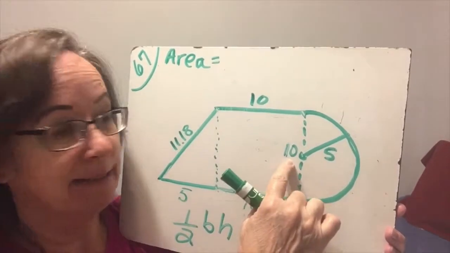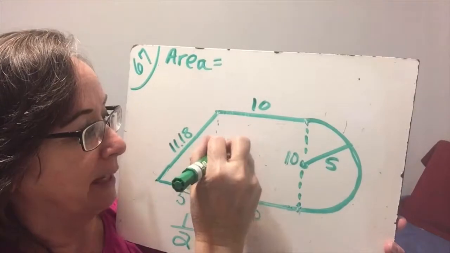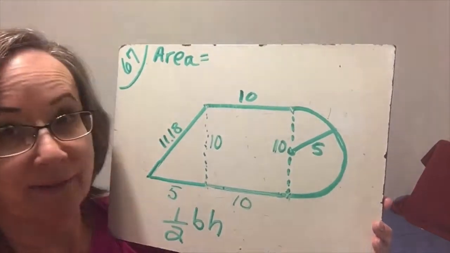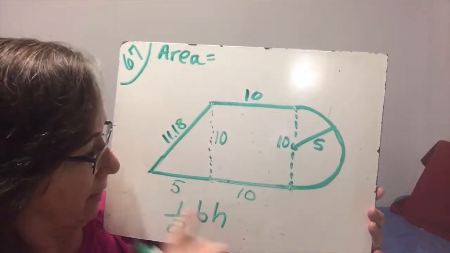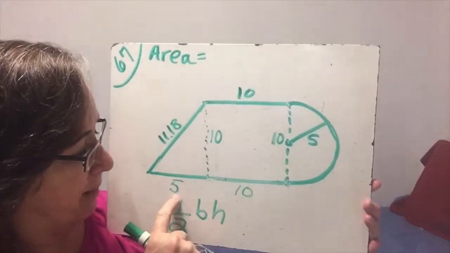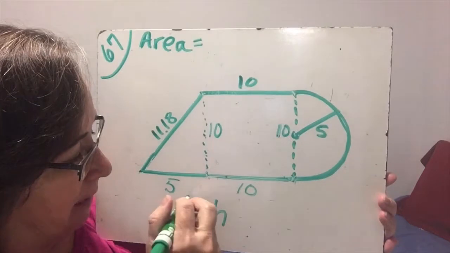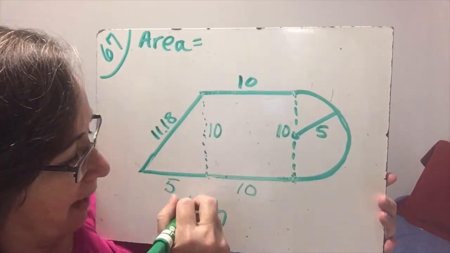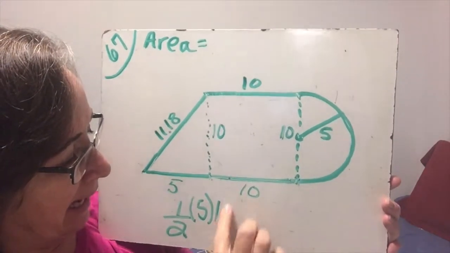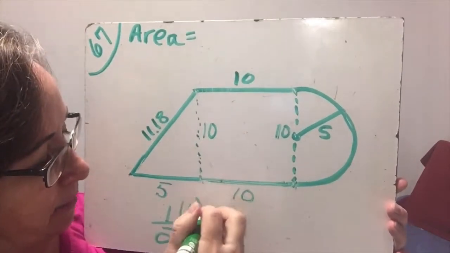Because that's 10, 10, that means this has to be 10, and we have everything we need. So now we have the base of the triangle is 5. So let's take out the B for base, and we'll put 5 there. And let's take out the H for height, and let's put in the 10.